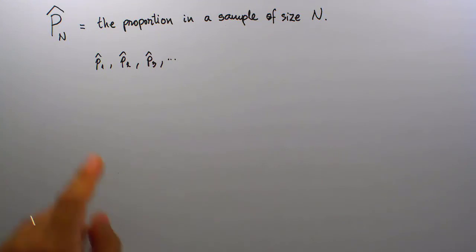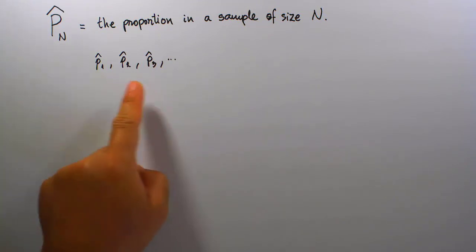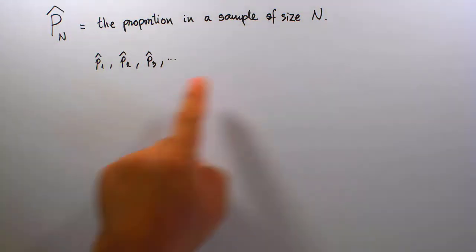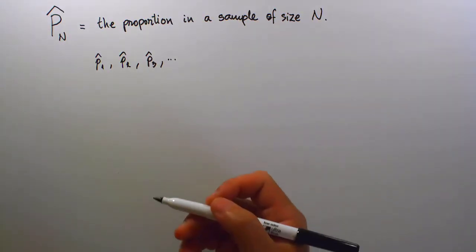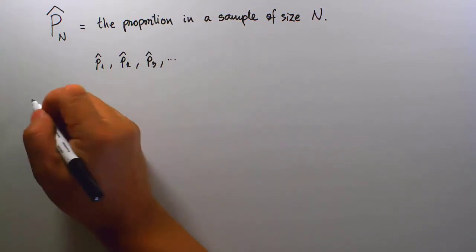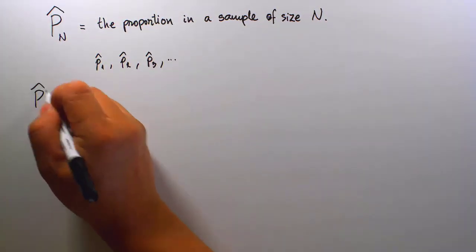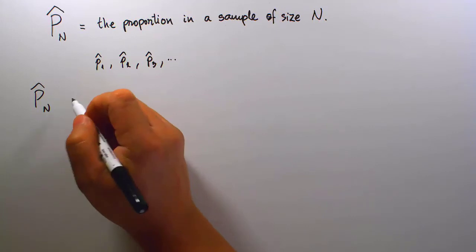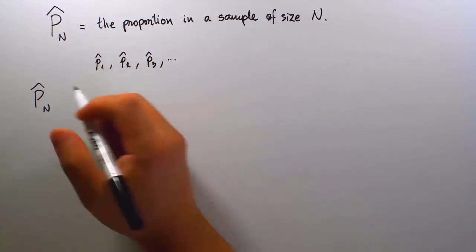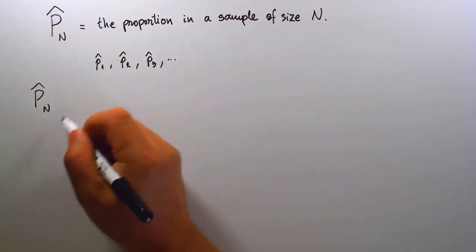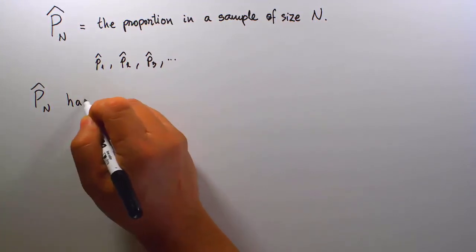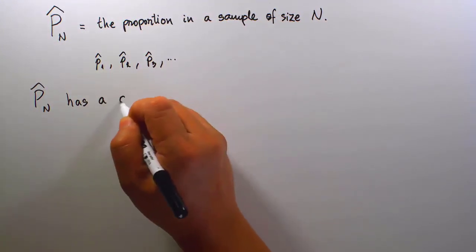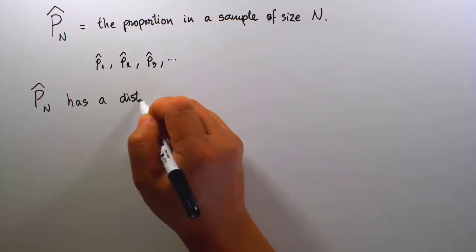And further, this distribution of sample proportion values at a given sample size n, just like any other distribution of values out there, will also have a distribution shape. So in other words, generally, capital P hat of n has a distribution shape.